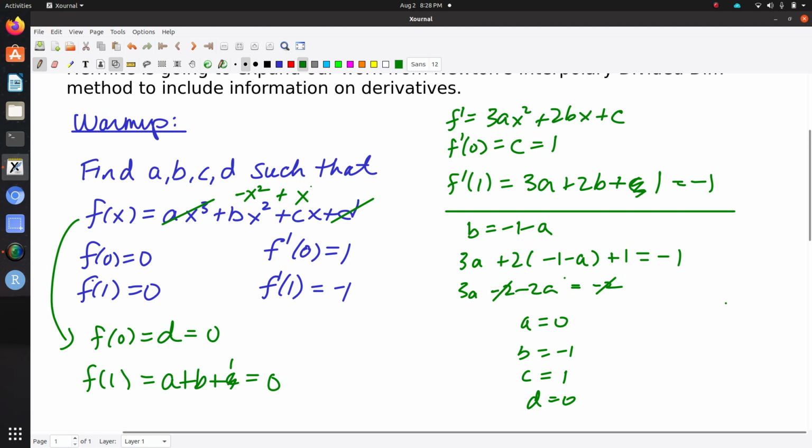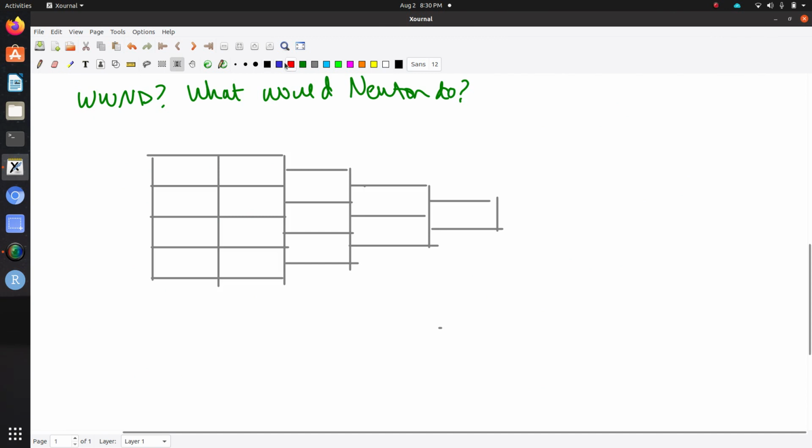Okay, so that's just an example, but remember we have some friends who really don't like algebra and they're sticking up for us. So how would Newton do it? What would Newton do? I'm going to set this up. He would say, well, let's put the x's here, and he would not want to force them to be equally spaced or anything, but this is a little bit weird, right?